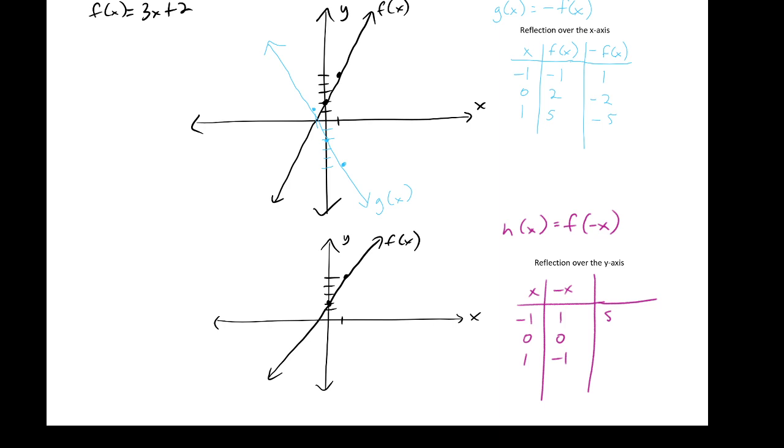Zero, it's going to be 2. -1, and it's going to be -1.